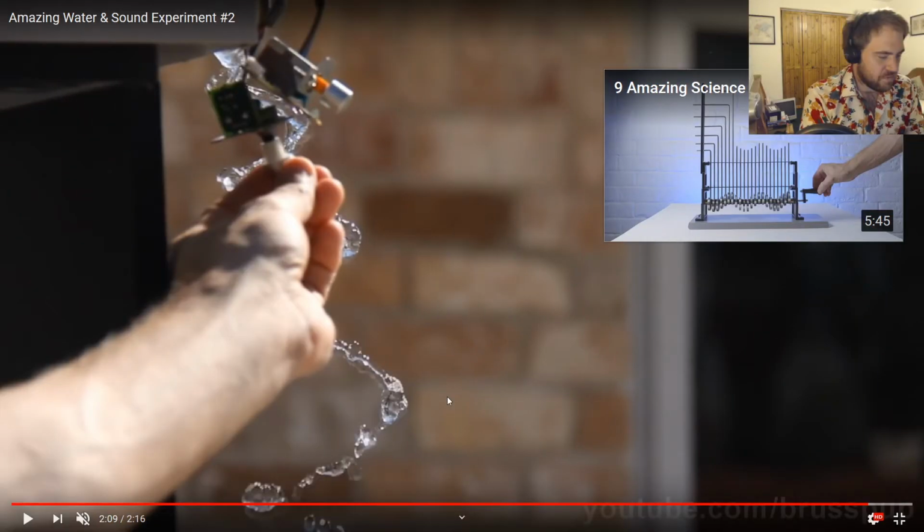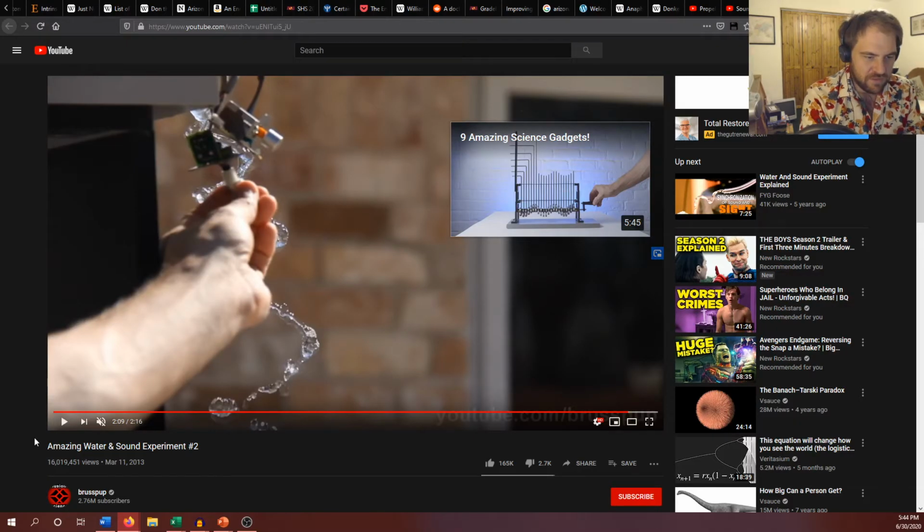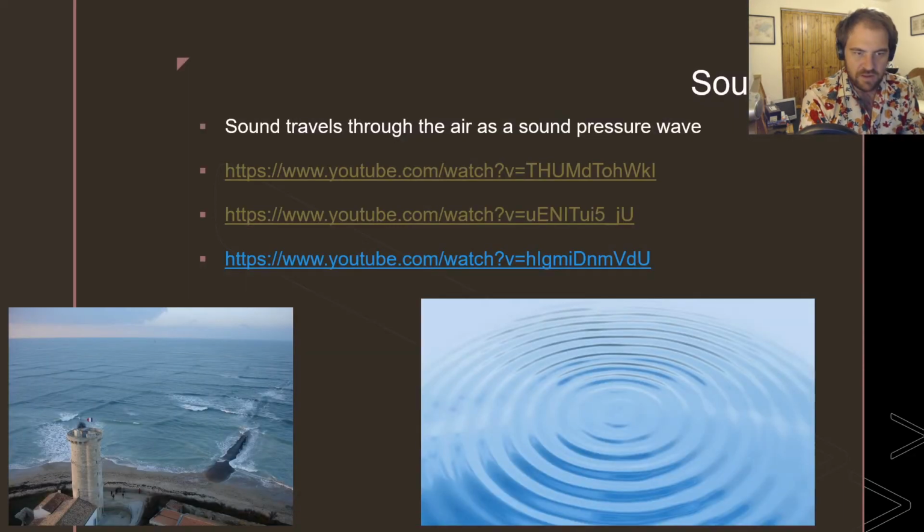All right, so now we're going to take a look at waves with sand on metal plates. This is called cymatics. Basically, you have a metal plate and you shoot a sound through it, different frequencies of sound.